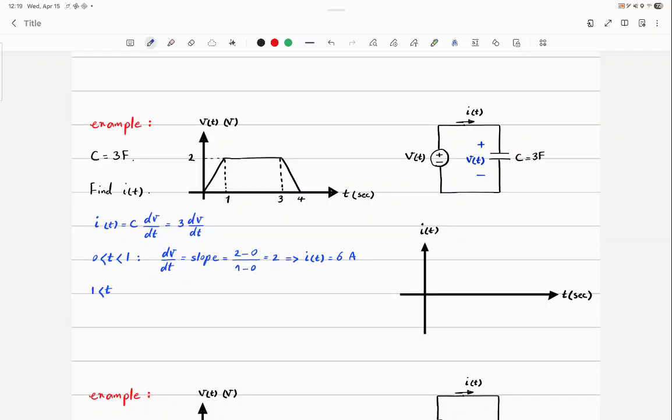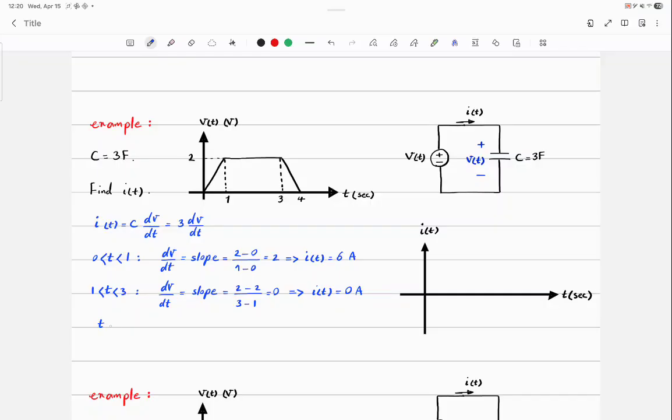For t between 1 and 3, dV over dt is equal to the slope in this interval, which is 2 minus 2 divided by 3 minus 1, which is 0, and so I_T is equal to 0 amps.